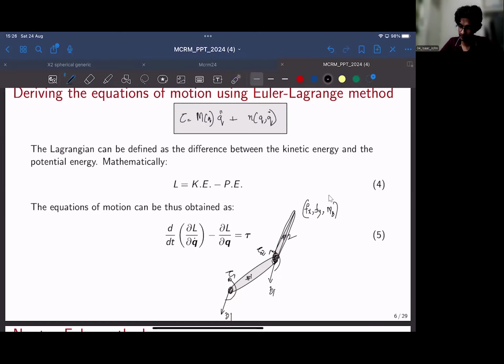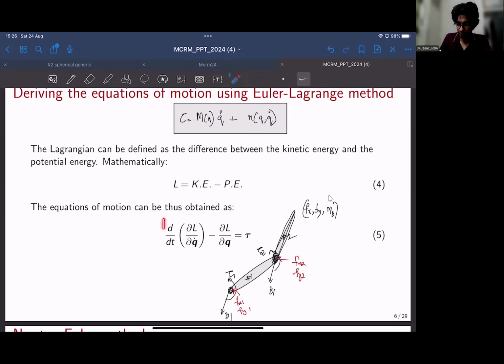Maybe, for example, if you want to estimate fx1 and fy1 in this joint, and in this joint, if you want to estimate fx2 and fy2, for any purposes, maybe for example, to design this robot or to select proper materials or to select proper components, we may also need to find out the other remaining components of the forces or torques.